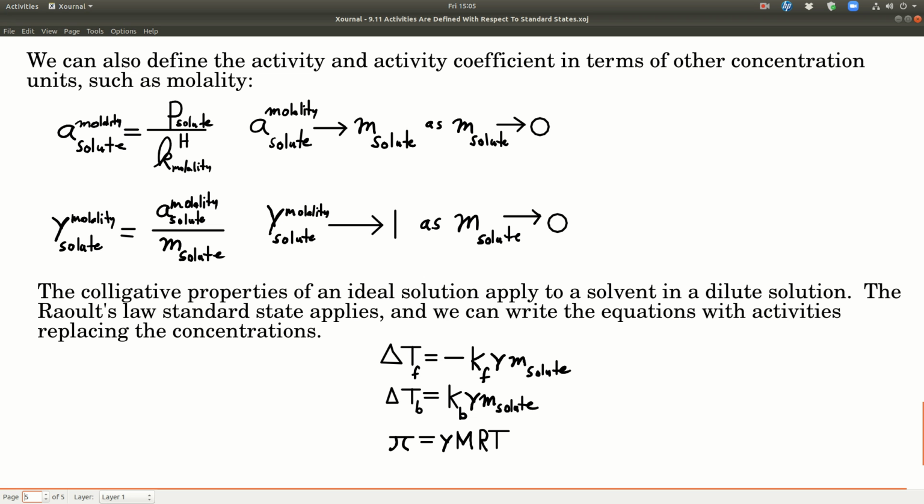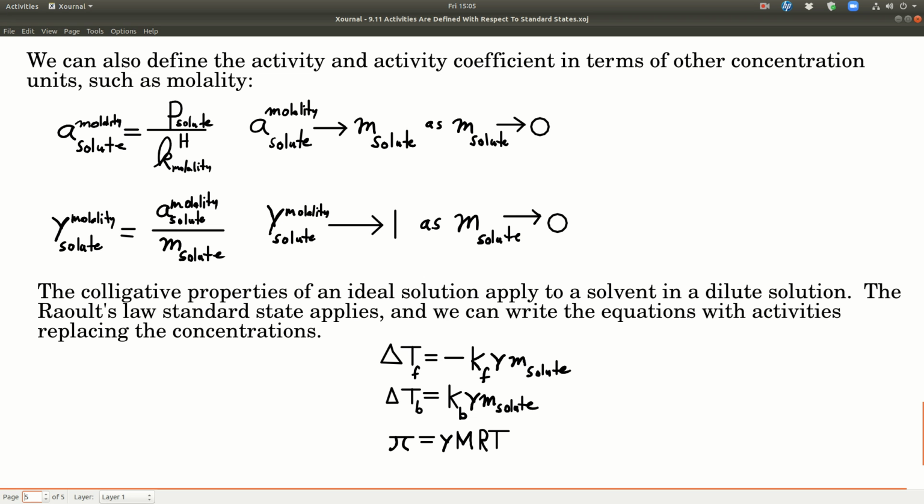And so it would just be the vapor pressure of the solute over the Henry's law constant in terms of molality. And the activity coefficient, likewise, is the activity that we defined up here divided by the molality rather than the mole fraction of the solute. And so here the activity coefficient goes to 1. We define it that way as the molality goes to 0. We can do this with other units of concentration too.